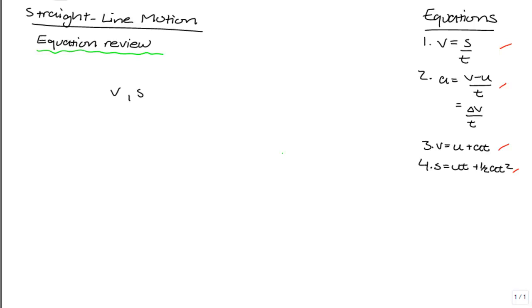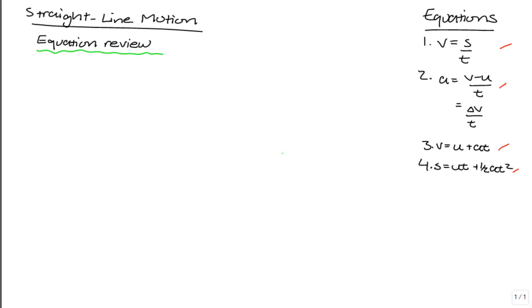In some cases, you may not be able to get all the information you need for solving a question if you were to use equations 1 through 4 alone. So we're going to derive an equation that relates the two terms v and s, along with some others.